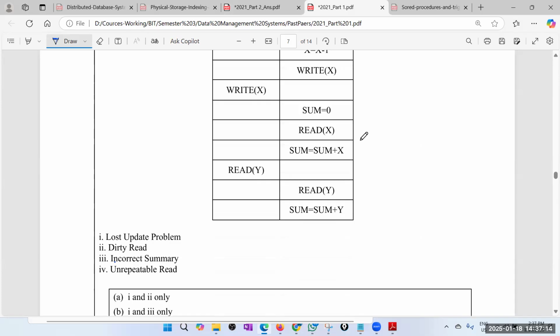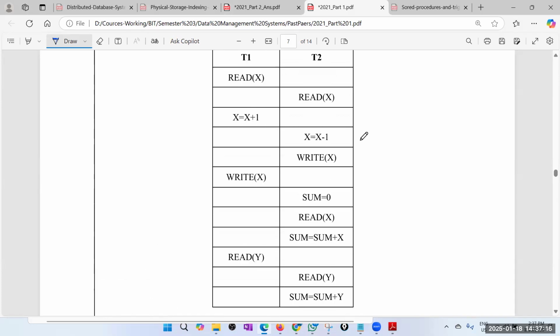First, lost update. Lost update means write. The first transaction writes something, and the second transaction also writes the same data with a different value. Let's forget about the answers. Let's look at it: you read X and do some changes. Here also you have read the same value. Now both are making changes. This is updated, and now this guy also updated.